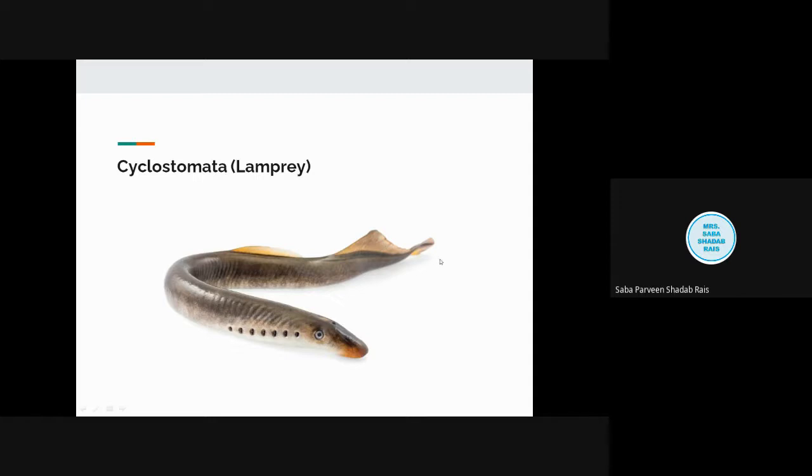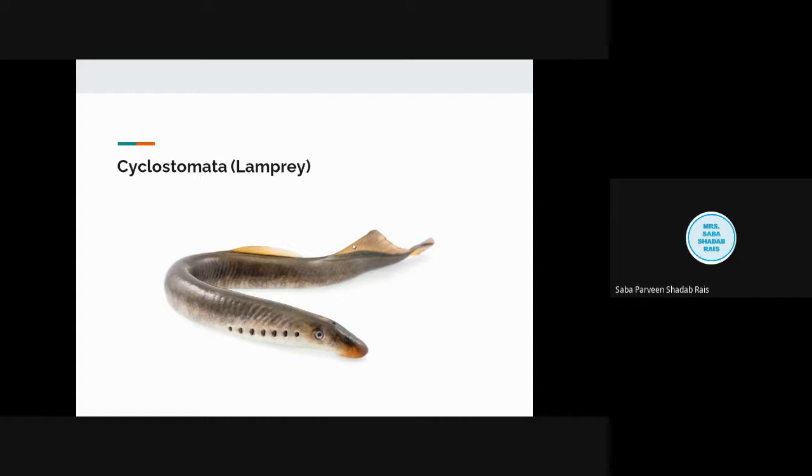When we observe their skin, the skin is very soft like fish. They have slimy skin, and the skin is very smooth. When you observe their body, they lack scales like a fish. When we talk about the skeleton, we had already discussed that in this particular group all the animals have a cartilaginous skeleton.